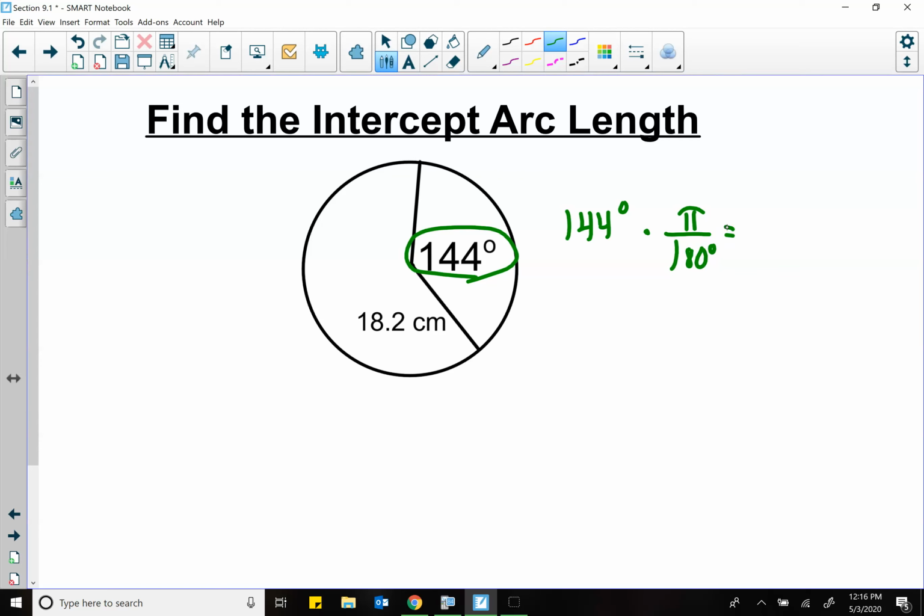Okay? So you go to your handy dandy calculator and you multiply everything out, and you get 4 pi over 5 radians. Okay? So now that you know the radians, this guy down here is the radius, you can find the arc length. Go ahead, do that for me. Pause the video. Go.